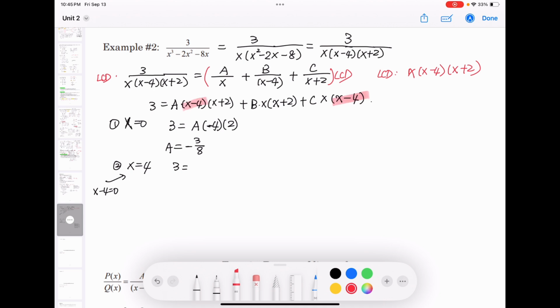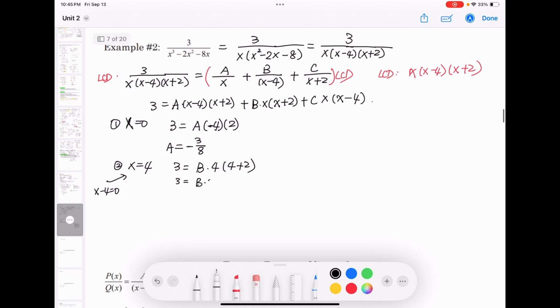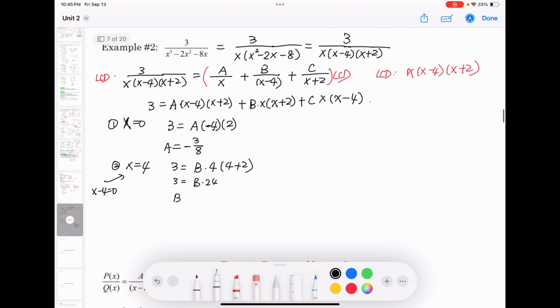We only have the middle term, which is b times 4 plus 2 is equal to 3. Let's do the computation. 3 is equal to b times 24. So b is equal to 3 over 24, so it is 1 over 8.